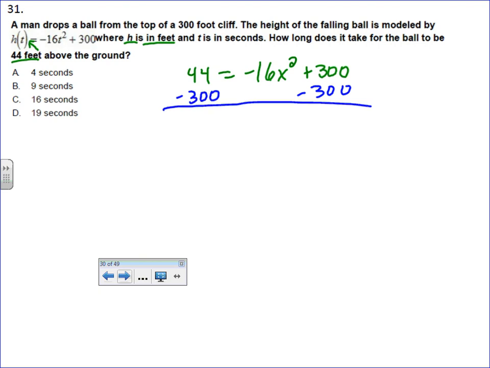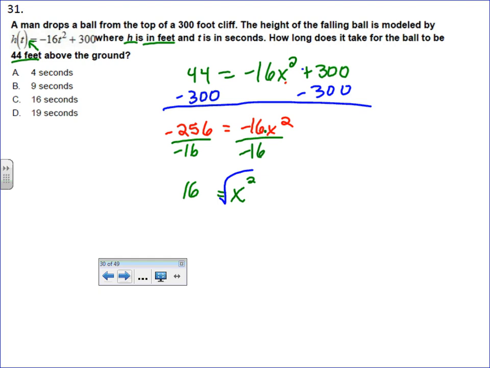And one of the reasons I did this is because I was kind of missing a middle term. I had the first term and I had the last term, but not the middle of this quadratic, so that's one of the reasons I chose to do it this way. Then I said minus 256 equals negative 16x squared. I want to get x by itself, so I'm going to divide both sides by negative 16 because it's being multiplied. So x squared equals positive 16.